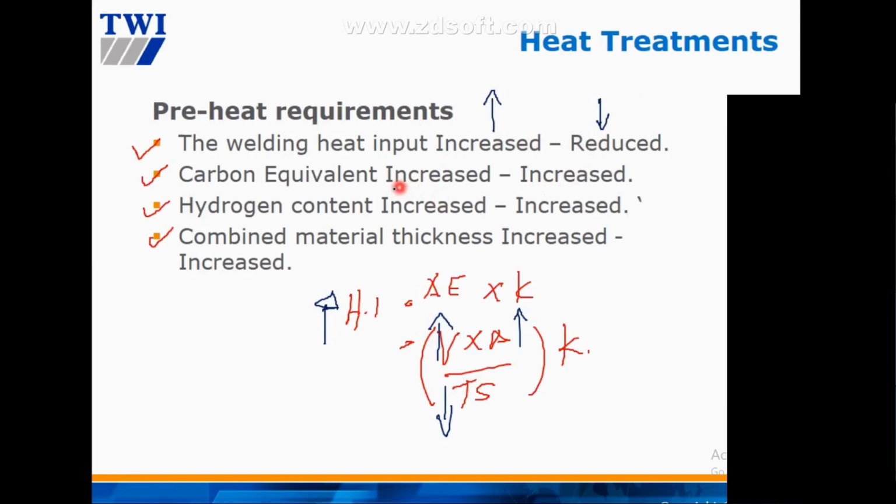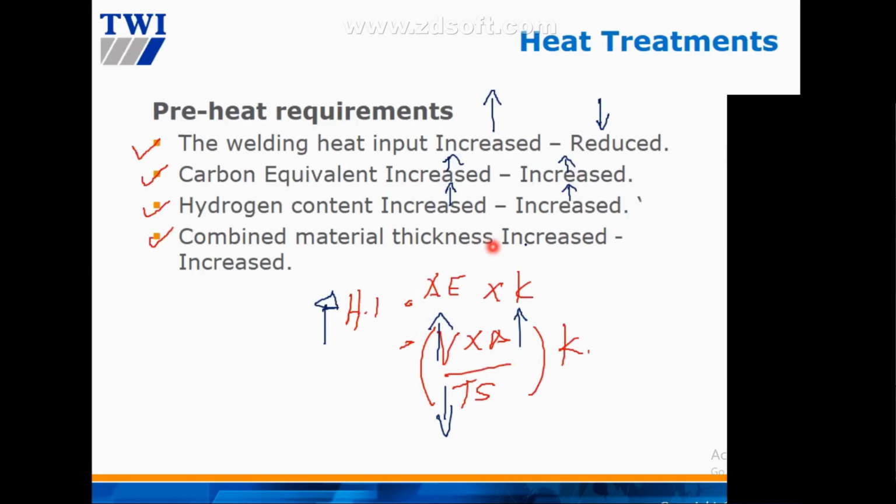Another factor is carbon. If the percentage of carbon increases, so does the preheat. If you lower it, preheat is lower. Hydrogen, for example, if you're using a cellulose electrode or rutile electrode, which is high hydrogen, when you're using a process with high hydrogen, the preheat must be higher. And the same thing goes for thickness.